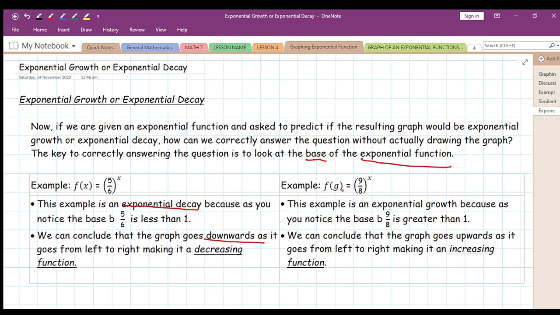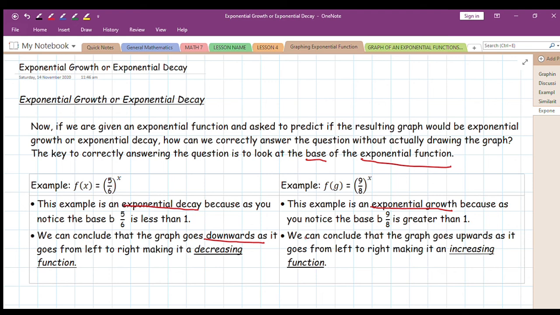Now, how about f of x is equal to 9 over 8 raised to x? We all know that this example is an exponential growth. Bakit kaya? Because, as you notice, the base b, 9 over 8, is greater than 1.